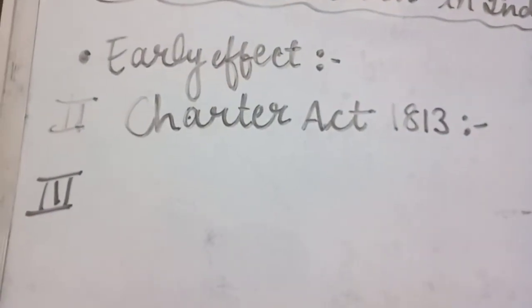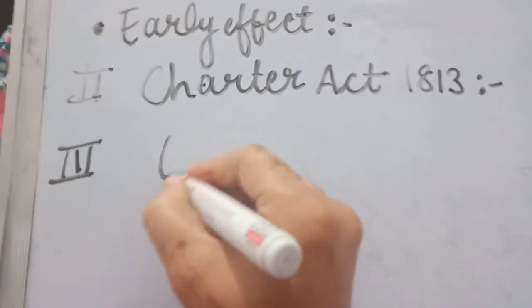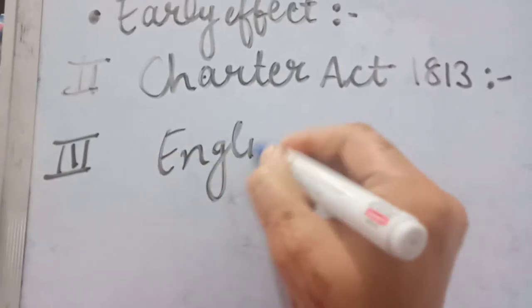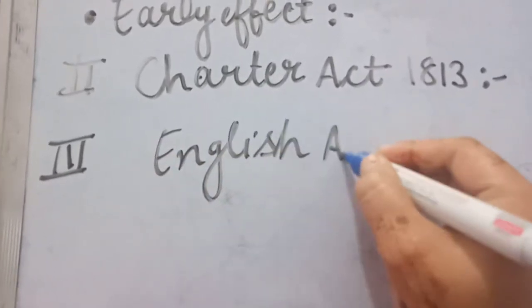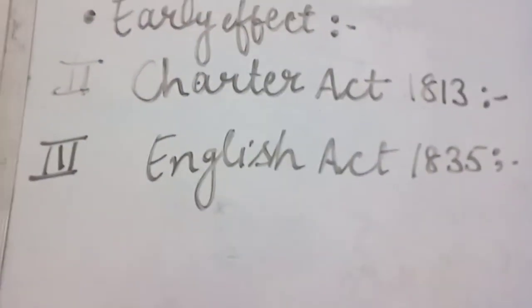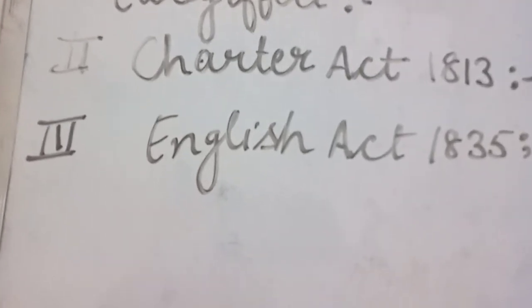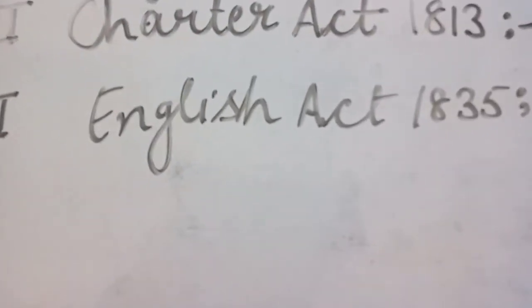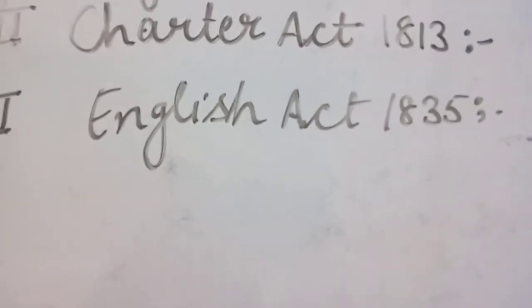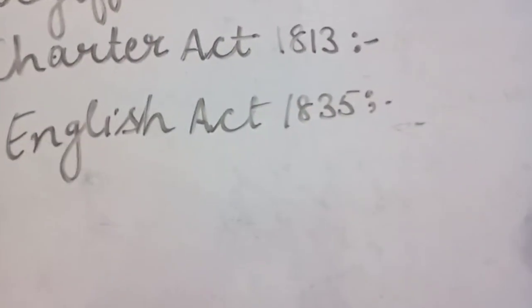The next step taken by the company, the third one, was the English Act of 1835. It was during the period of Lord William Bentinck.